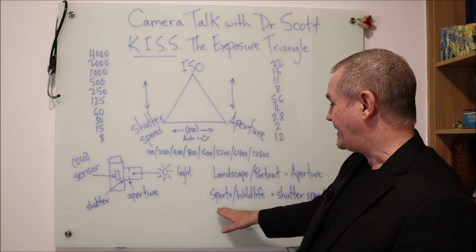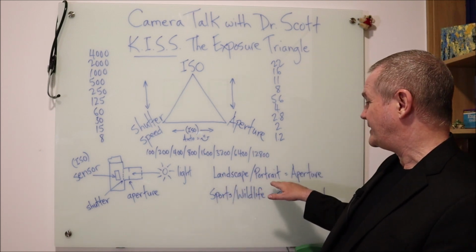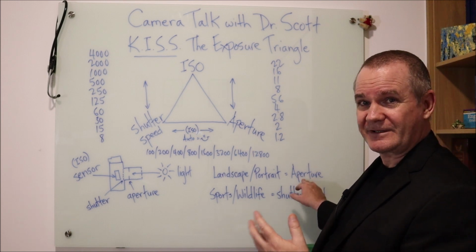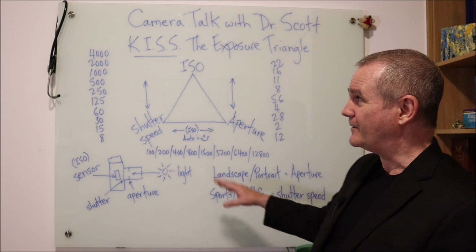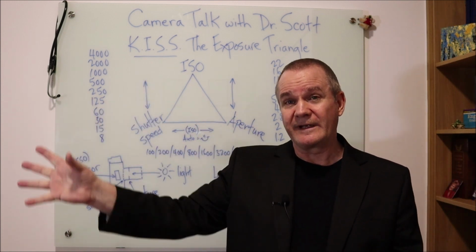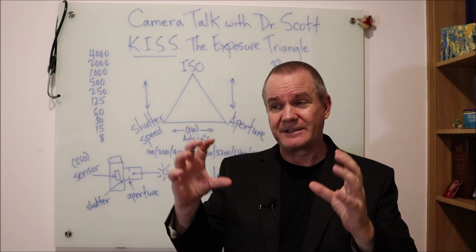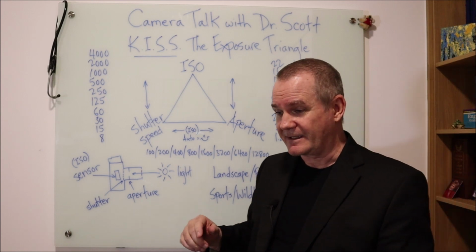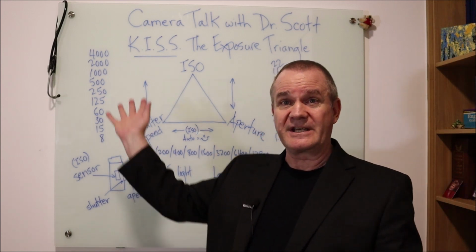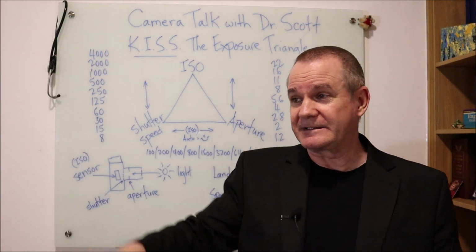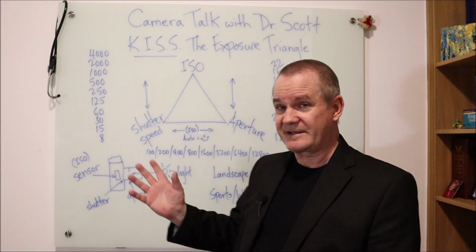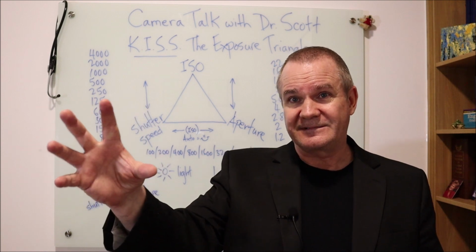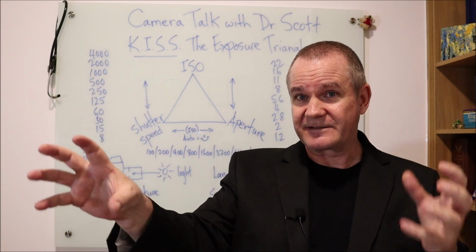Now, I mentioned landscape and portrait focus more on aperture. Well, the opposite is true with sports and wildlife, where you have things moving quickly, and you want to capture that moment, as LeBron James slams that basketball into the net, or as that cheetah lunges for that gazelle in the last second.